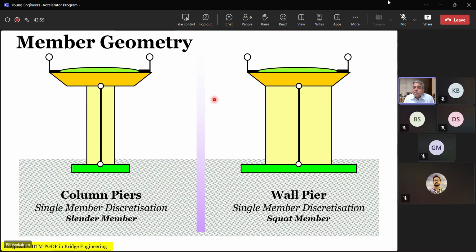What is the difference between them in terms of the stiffness? What's the difference between them?